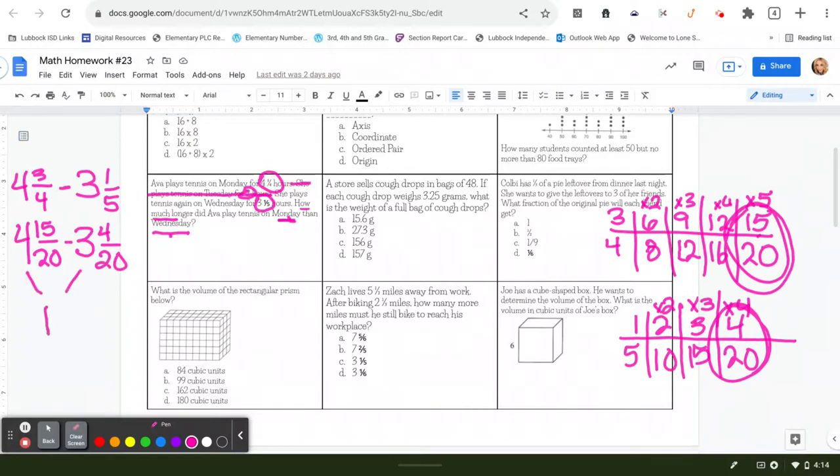So we're going to start by subtracting our whole numbers. 4 minus 3 is 1. Let me backtrack for a second. The reason I don't have to do this one on the number line is 15 is greater than 4. Okay, so we can just subtract this. 4 minus 3 is 1. 15 minus 4 is what?